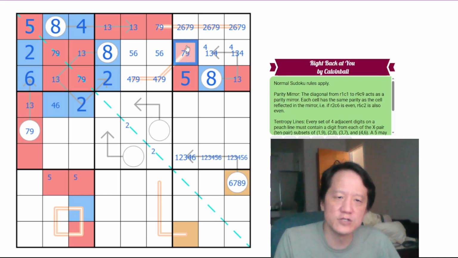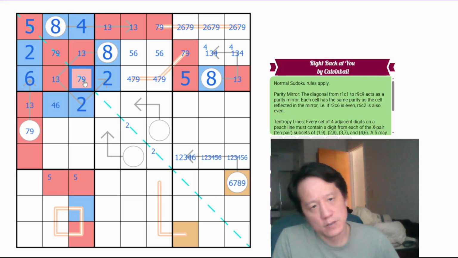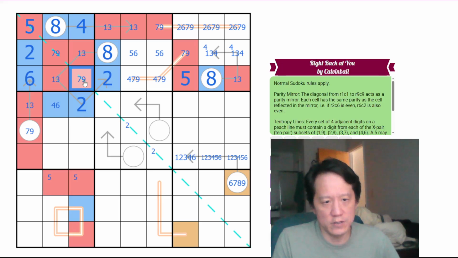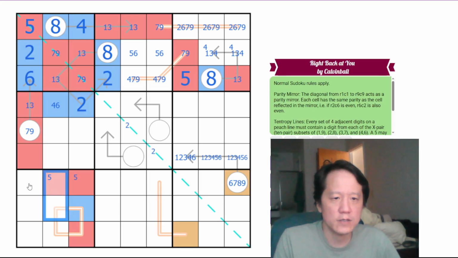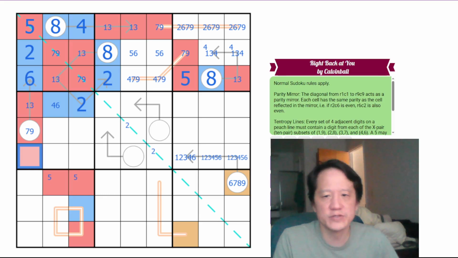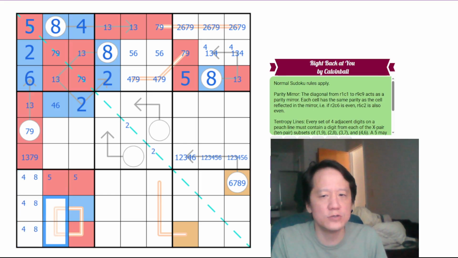This is the same digit as that, which is the same digit as that. Where is the 2? This is 1, 3, 7, 9 here. 4 and 8 have to be here, which means 2 has to be one of these two. What is this digit?